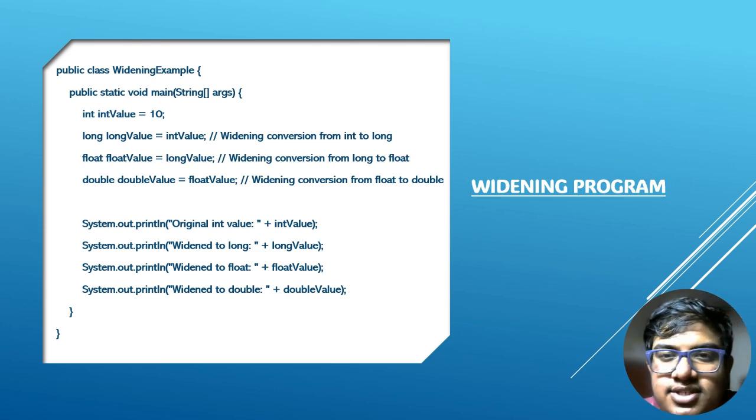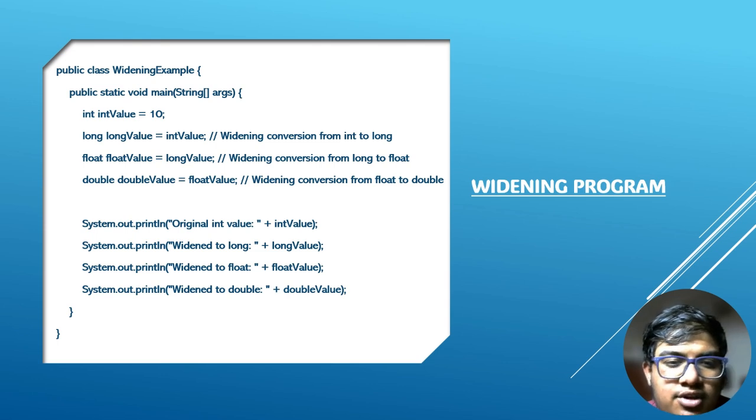The data types can be changed even in the program. So when converting from a smaller type, size-wise int is smaller while double and long are bigger, we use something called widening, where the data type is converted from a smaller to a bigger one.